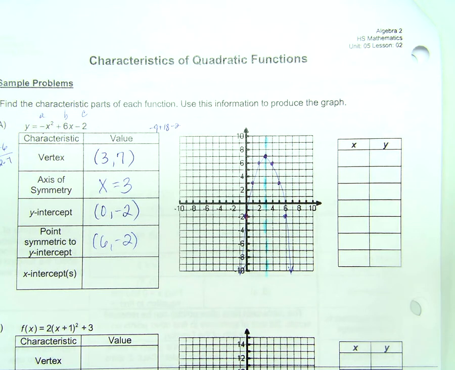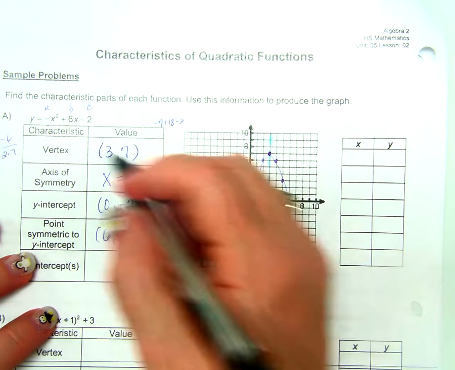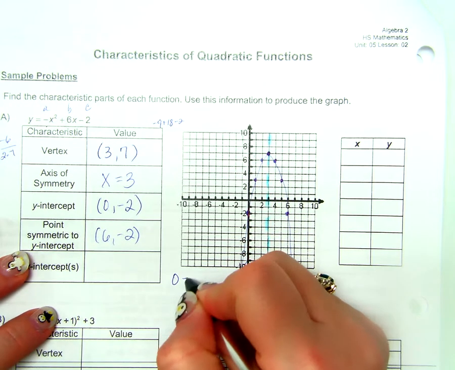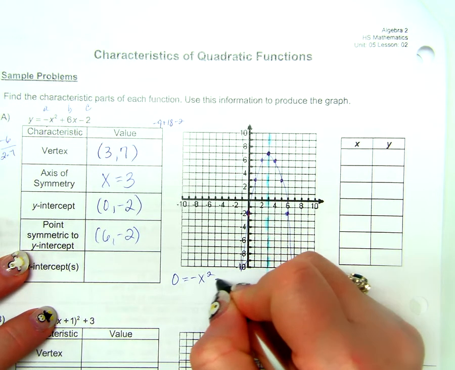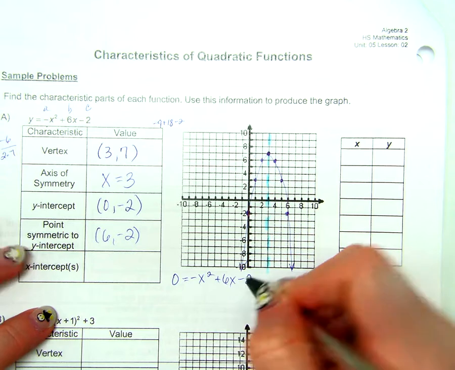Now, my x-intercepts are going to be where? Where y equals 0. Does that make sense to you? Okay. So, how am I going to figure out where y equals 0? Well, if I rewrote the equation as 0 equals negative x squared plus 6x minus 2, I could try to factor it.